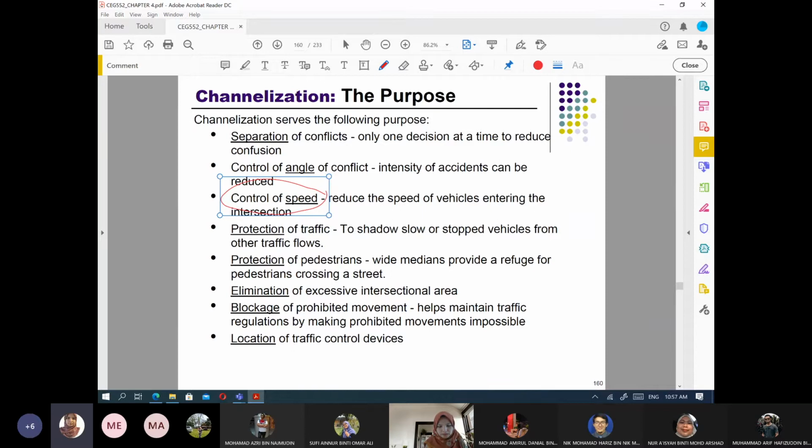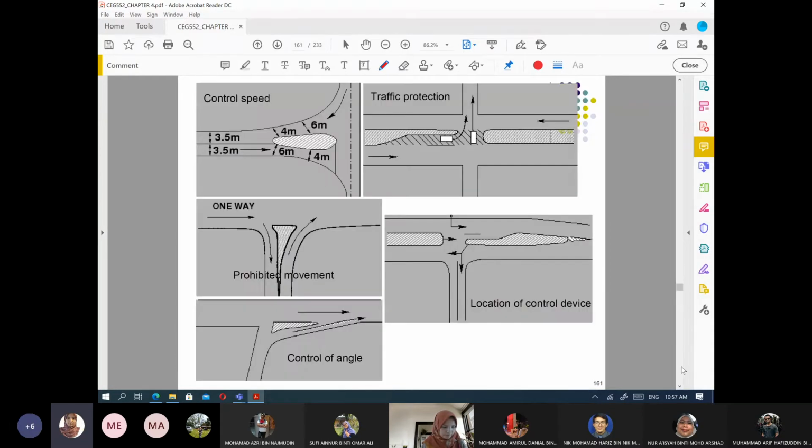So bila kita letak satu median yang kita raise the pavement, dia tak boleh nak lalu. Okay. Location of traffic control device, ini tadilah yang nak letak stop sign ke informationary board ke. Okay. So you can put it on the channel.